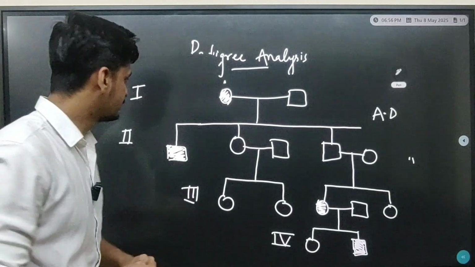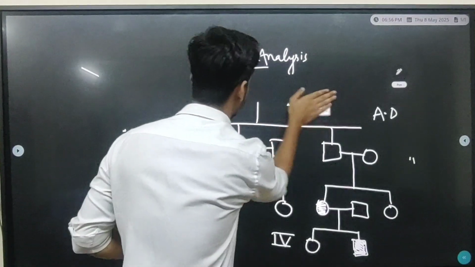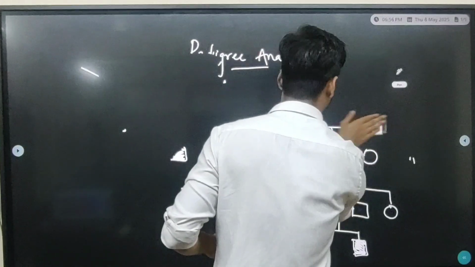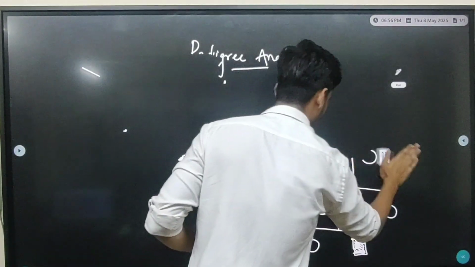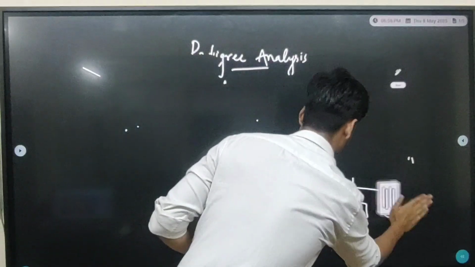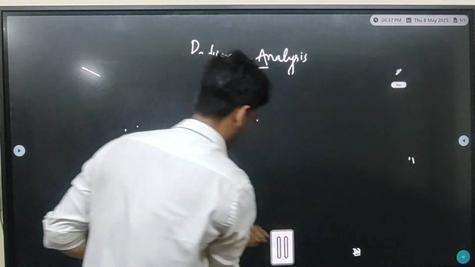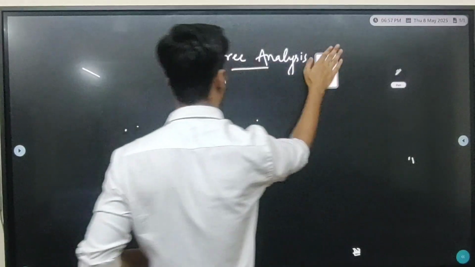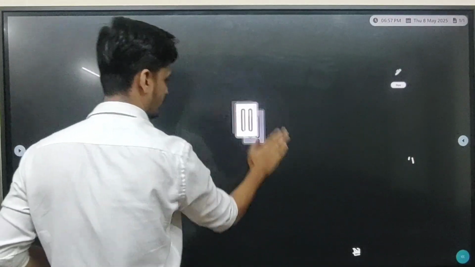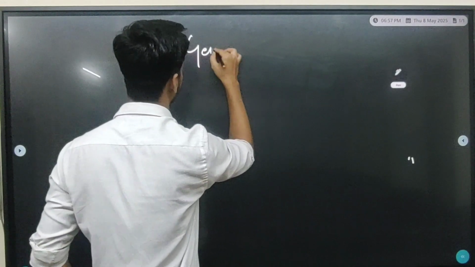Next, after pedigree analysis, we will see the types of disorders related to chromosomes. The last topic of this chapter is genetic disorders.